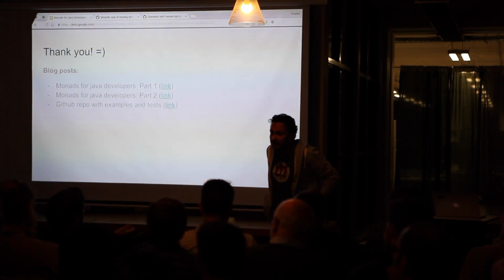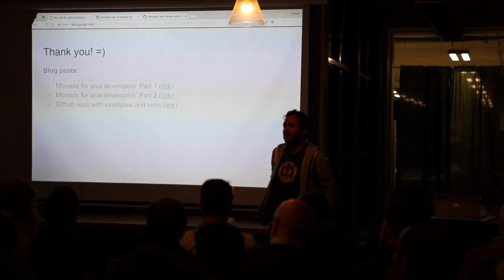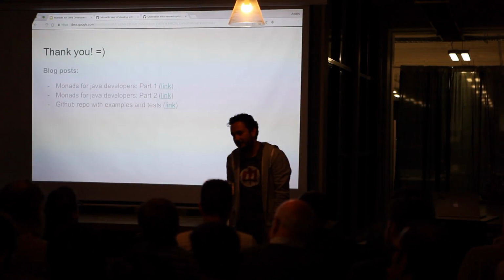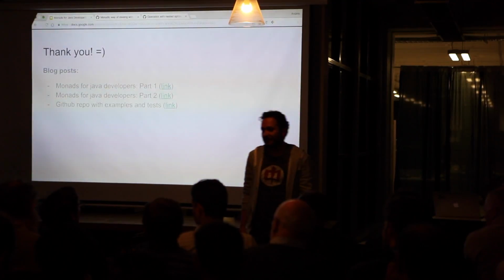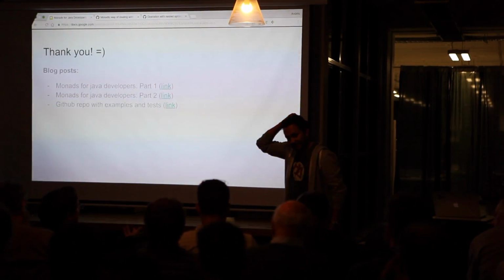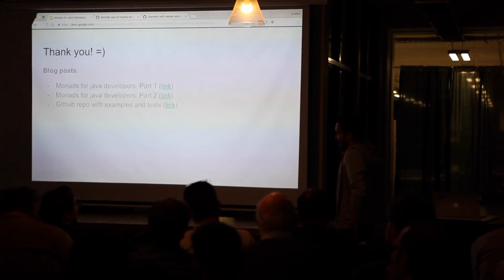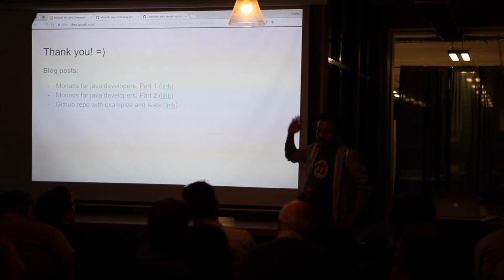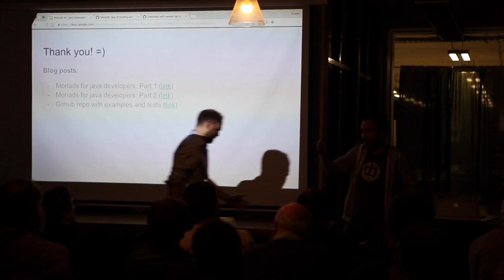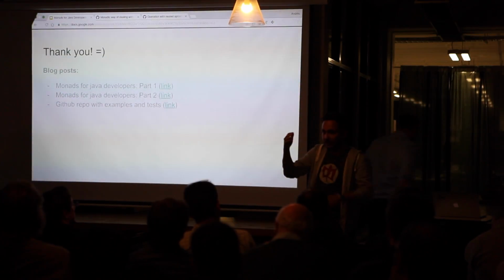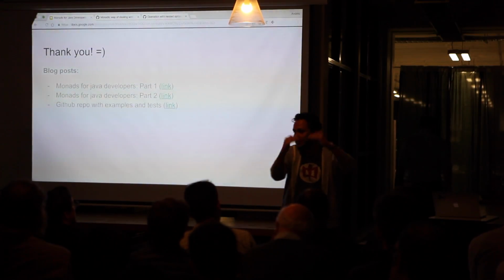According to you, since you've been using them a bit, what's the best thing about monads? For you, what's the most useful thing about monads? Why do you like using them? For me, it's more straightforward not to check all of these ifs, if this is empty, if this is that.